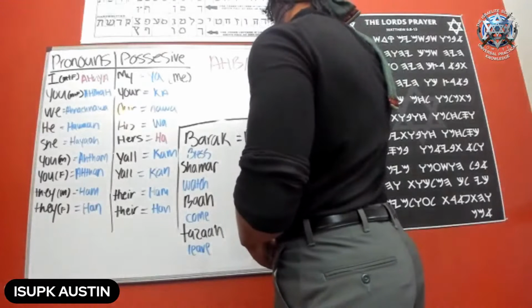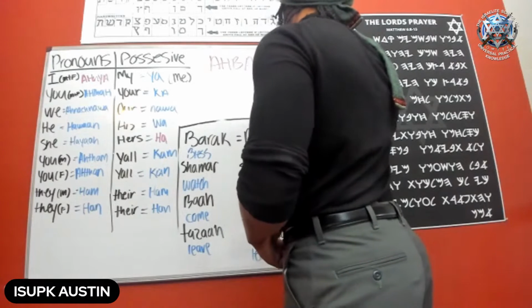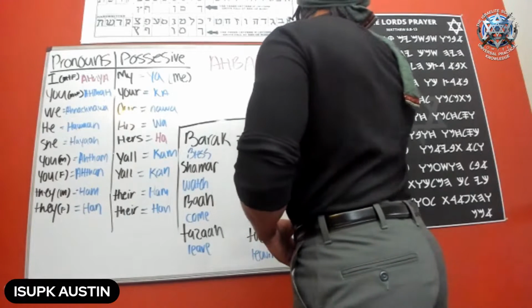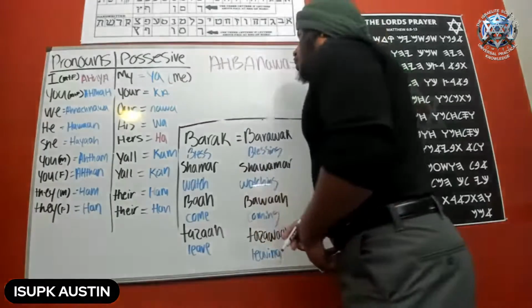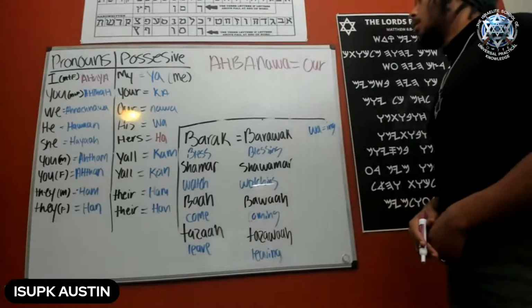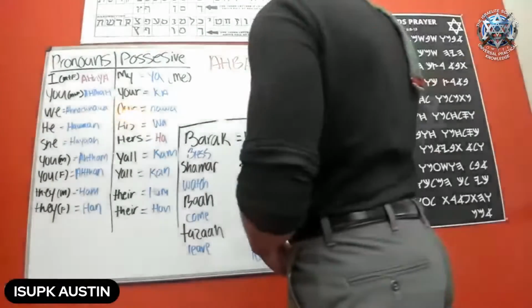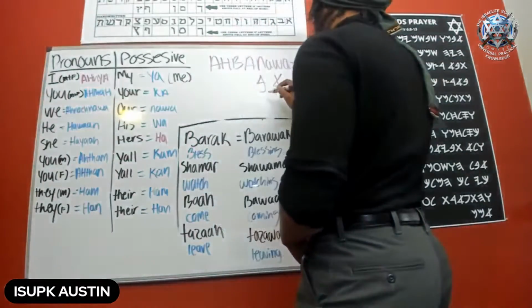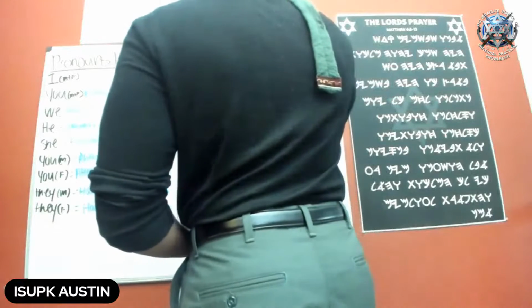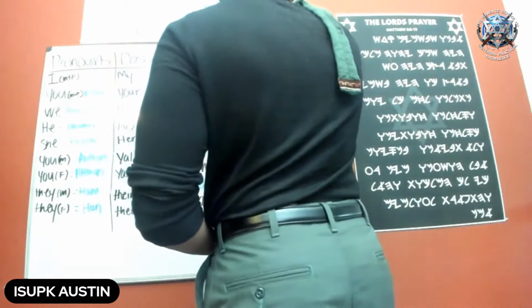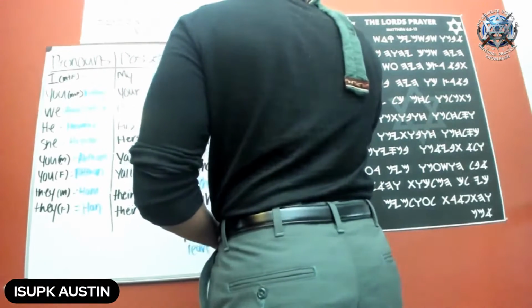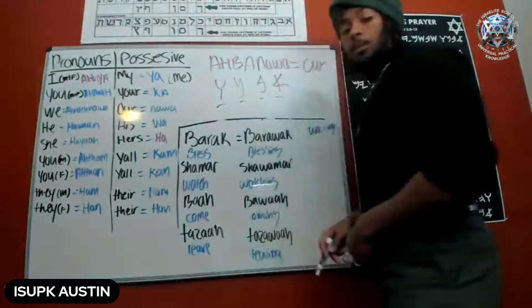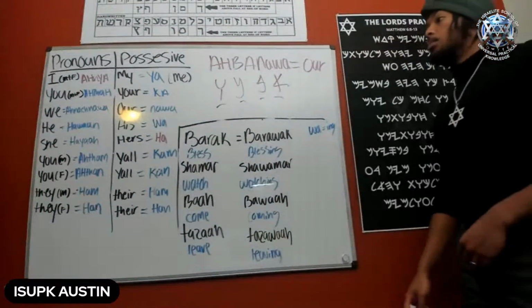So we would say Abba Nawa, which equals our. Now we write that again. Abba, that's just Abba, the root word, and we added Nawa to it. Simple, right? So that's a breakdown of that.